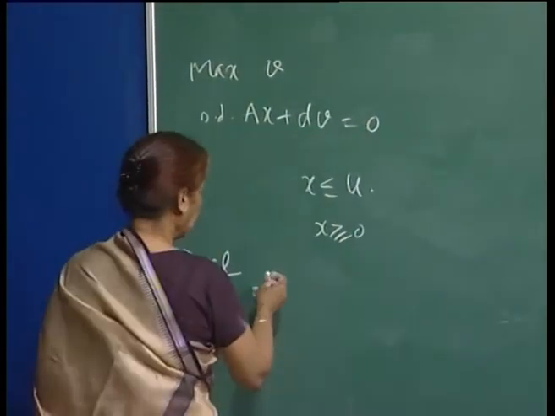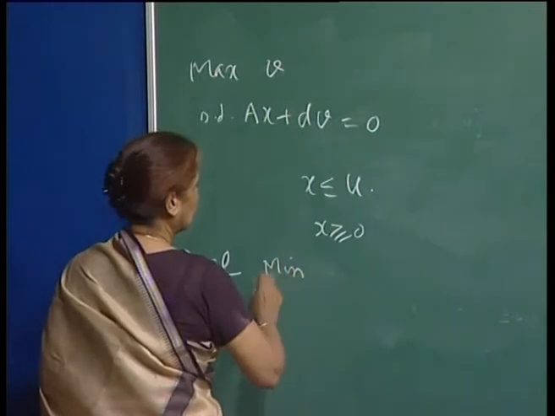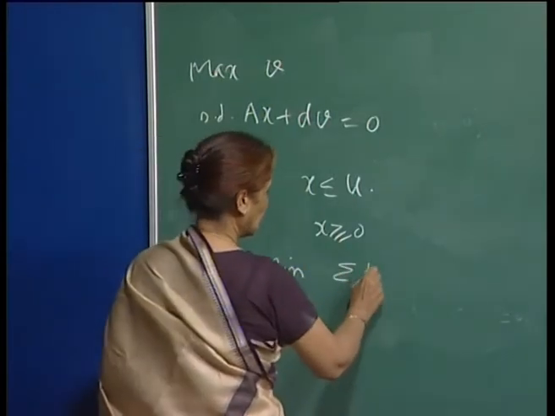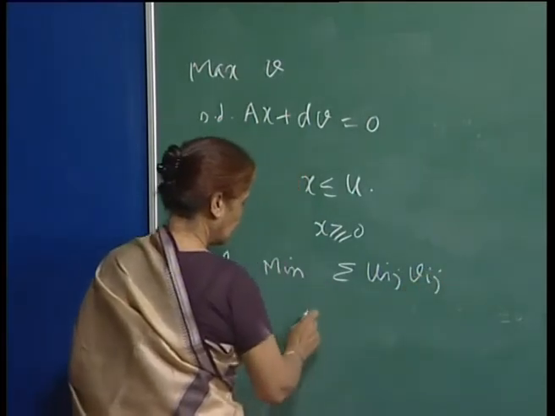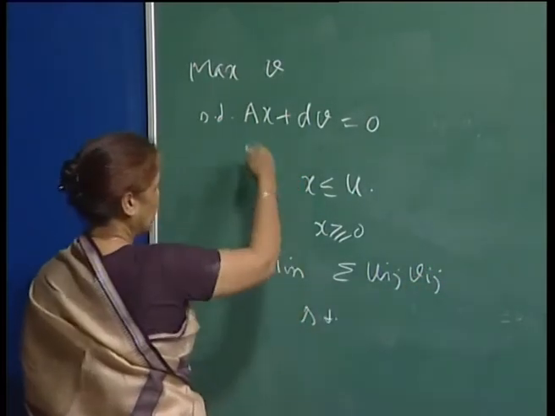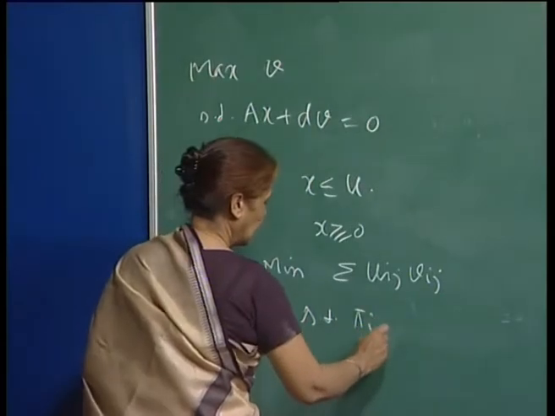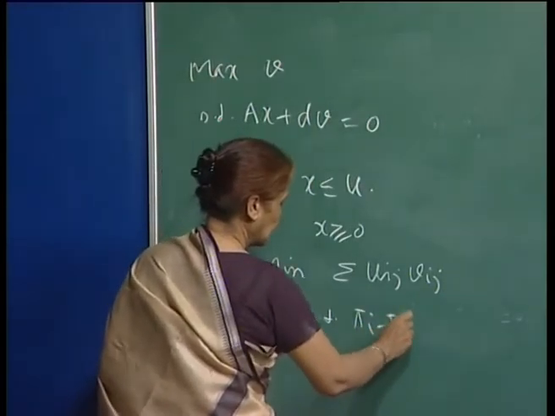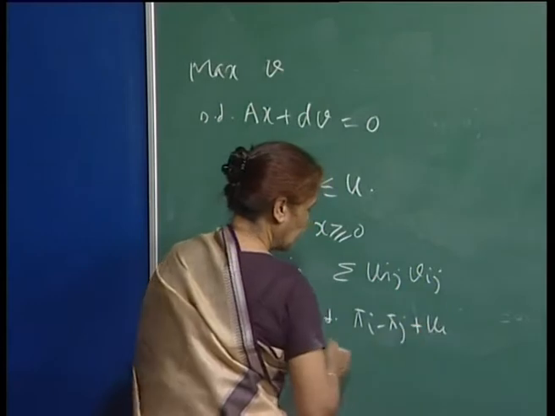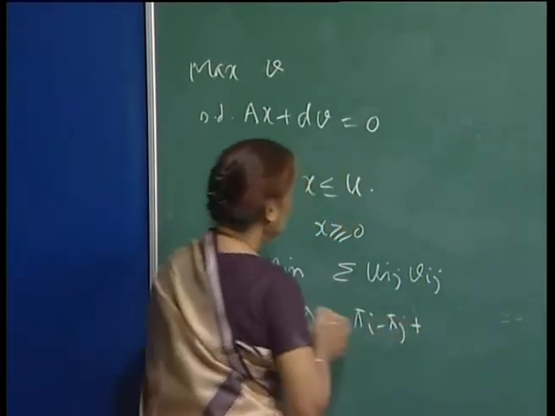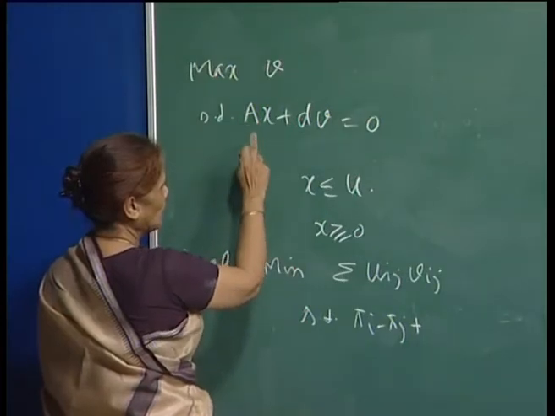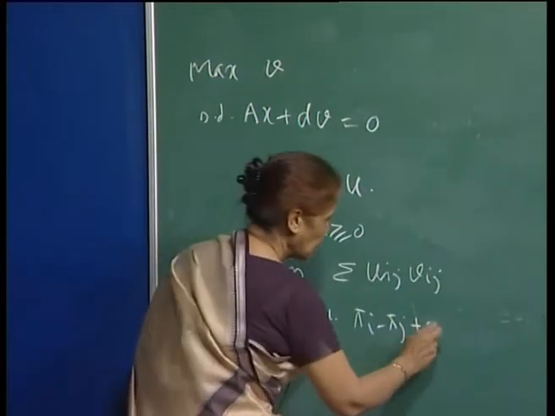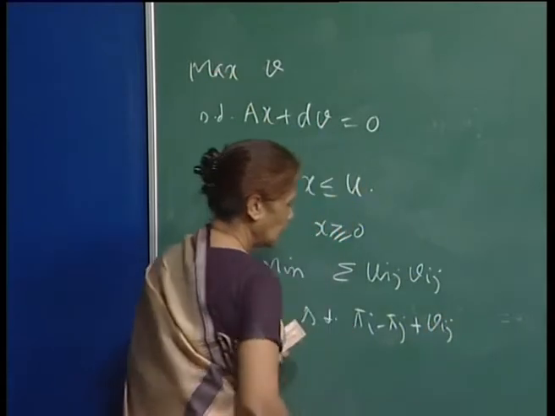So the dual would be: minimize summation uij vij subject to, and remember this I will now write, phi i minus phi j plus vij, because a column here will have two entries, plus 1 minus 1, and then uij plus vij.